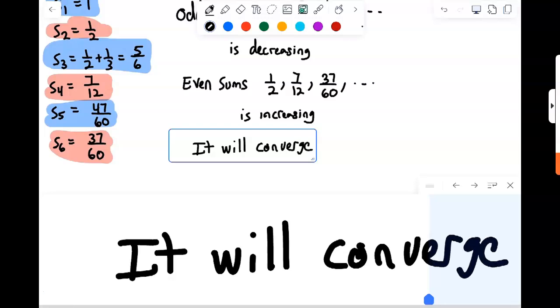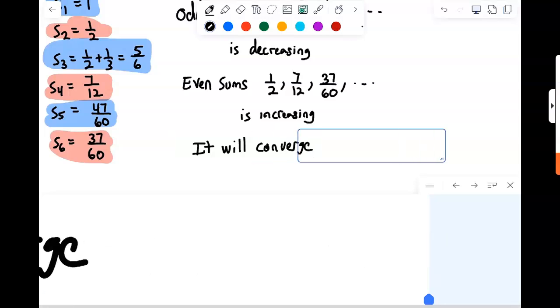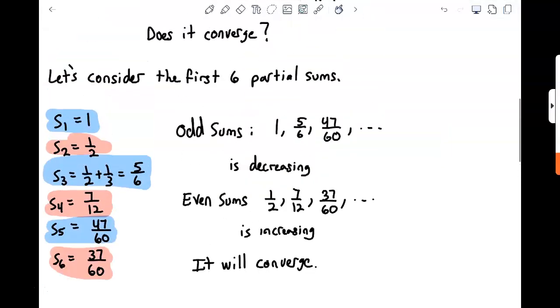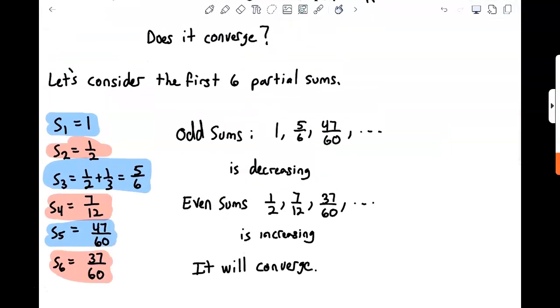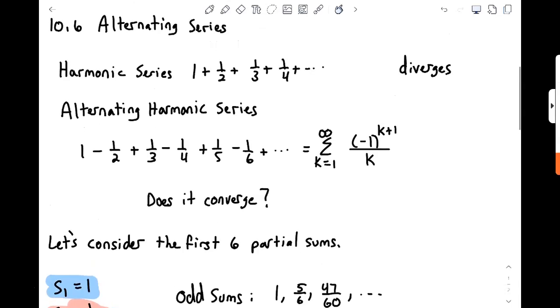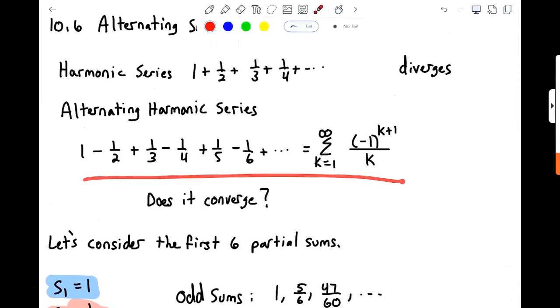That's our result there, that the alternating harmonic series will converge, even though the harmonic series itself will not converge. And then a really good question is, well, what does it converge to?